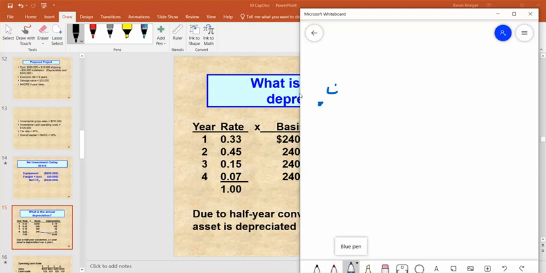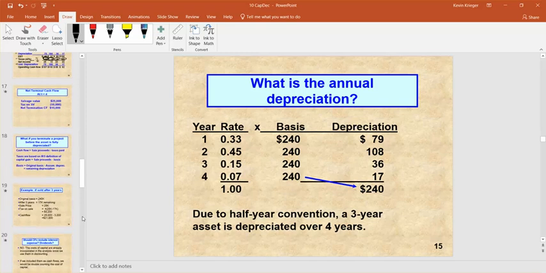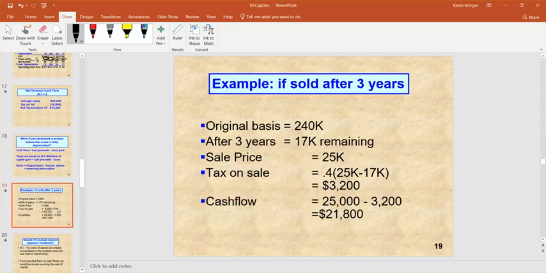You owe 40% in taxes on any profit above the book value. So you owe 40% in tax on 8, which is 3.2 in tax. So your 25 salvage minus 3.2 leaves you at 21.8. So that's the idea there, an example of one where it does still have some book value remaining.